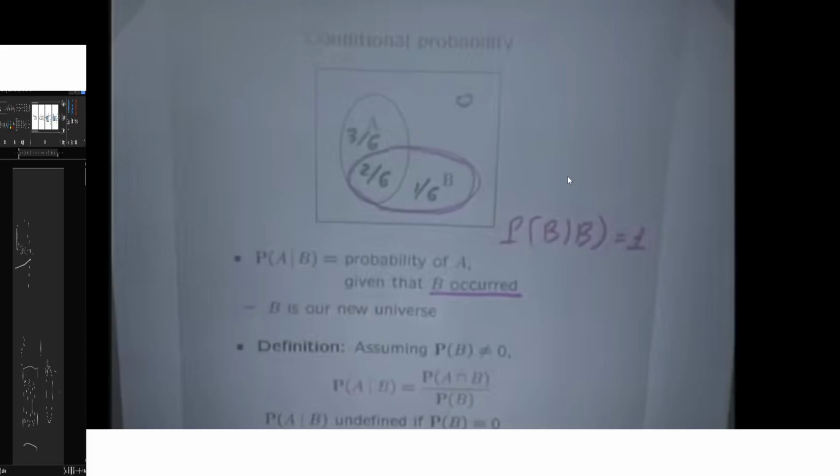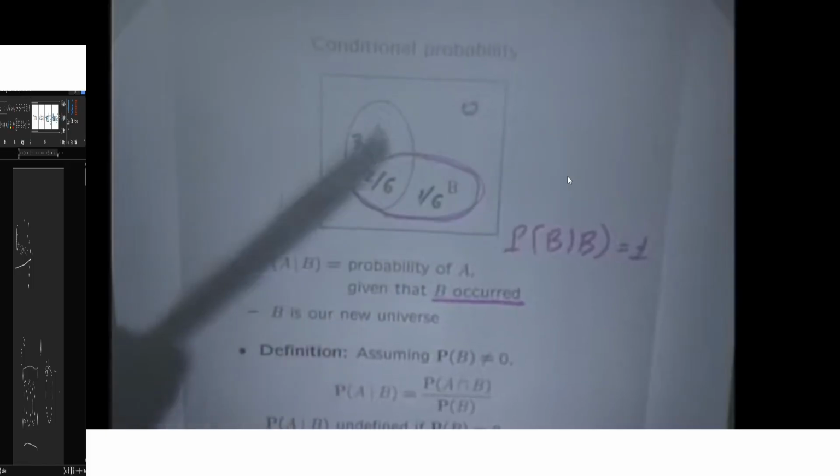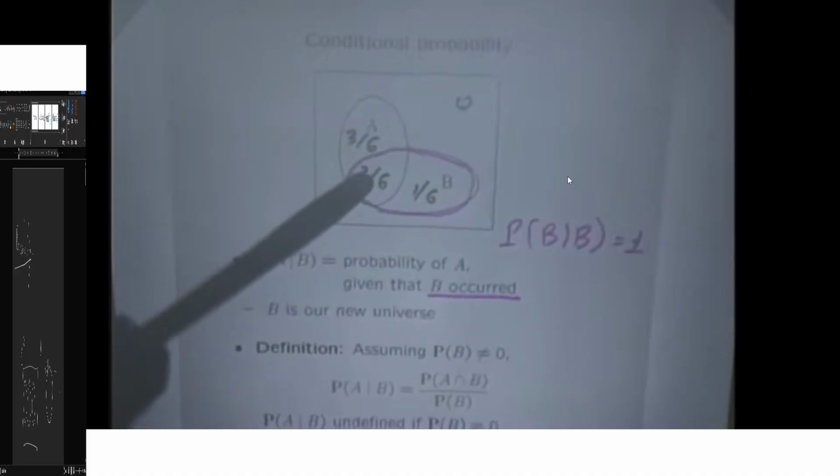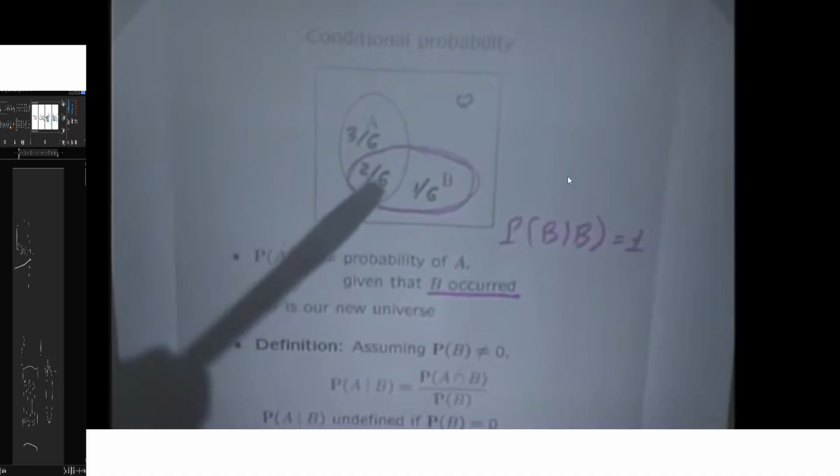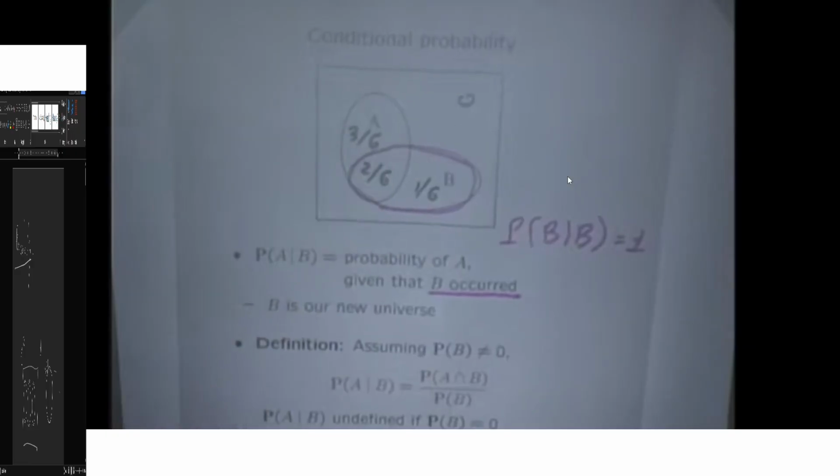How do we revise the probability that A occurs? We are going to have the outcome of the experiment. We know that it's inside B, so we will either get something here and A does not occur, or something inside here and A does occur. What's the likelihood that, given that we're inside B, the outcome is inside A?